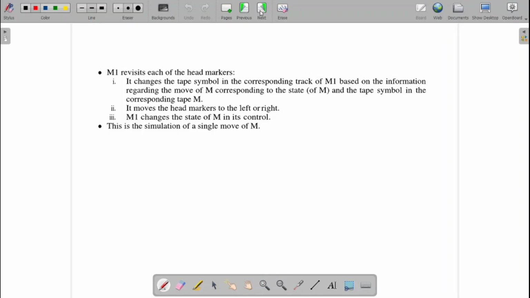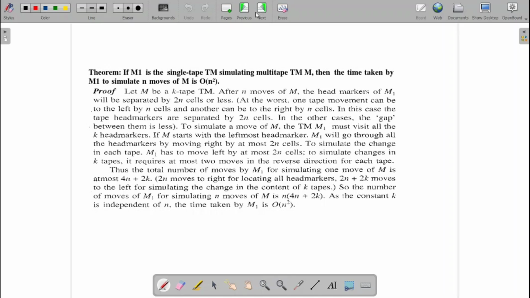So depending on the state, we make the changes in the track and the tape symbol in the corresponding tape. Then we move the head markers to the left or the right. M1 changes the state of the M in its control. So this is the simulation which will be done for the simulation of a single movement of the machine M.